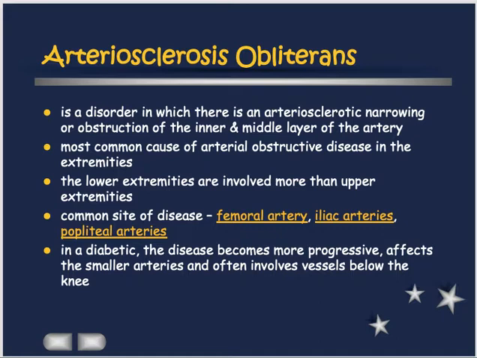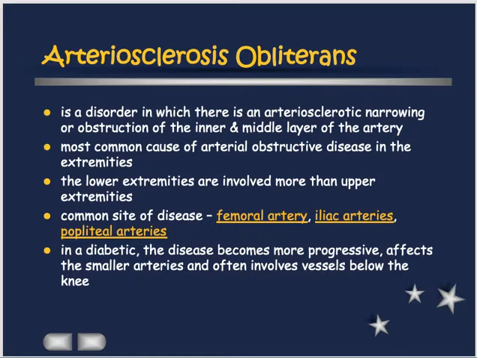So there are a lot of conditions, and of course you will study more details from the books. The first one is called atherosclerosis obliterans.